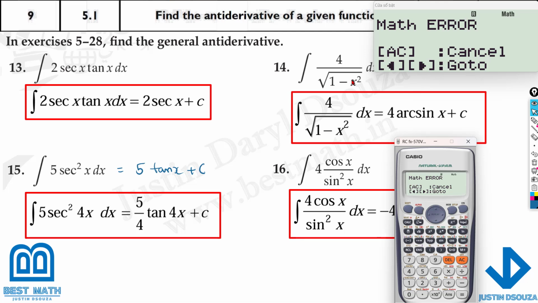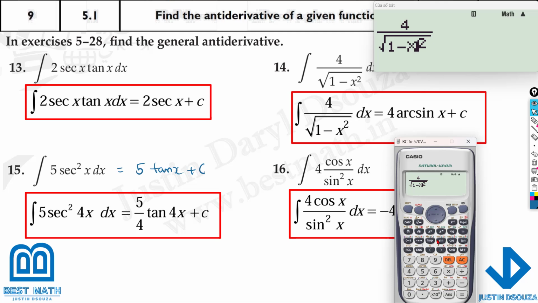Now I cannot put 2. What about 1? If I put 1, it's going to be 0. That will also not give me the correct answer. In such cases I have to put any number less than 1. So just remember, the x value cannot be 1 or more than 1. I'll take it as 0.5, calculate it at 0.5.